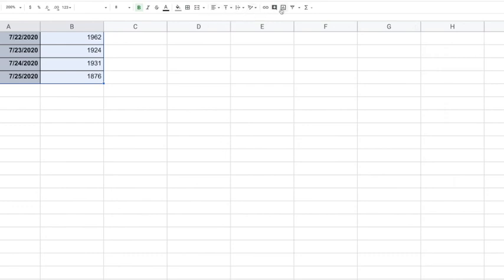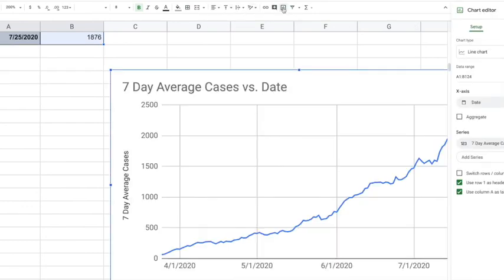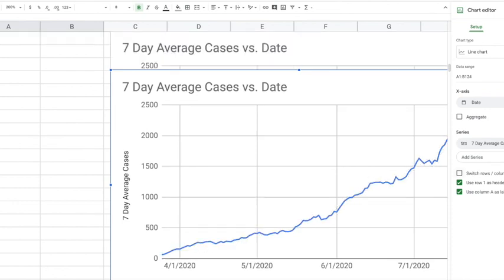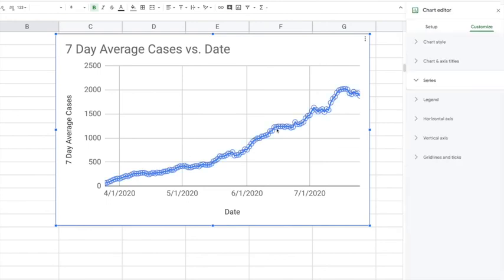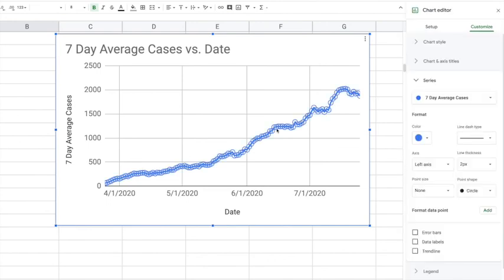All right, so Chart. Now, it's going to throw up here a line graph, which is all fine and dandy. All it does is connect all the points on the graph, but that's not what I'm interested in. So double click on the graph and you can see all the points are represented by these open circles, so it looks like a chain.